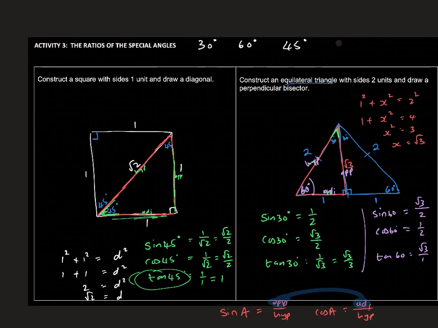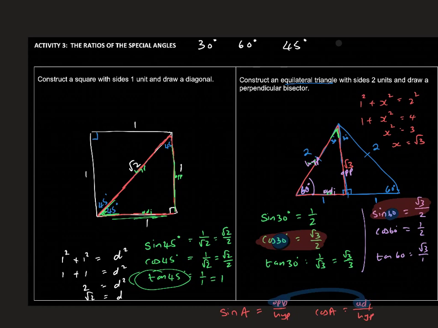So I want to show you something now quickly. Cos of 30 is equal to root 3 over 2. Sine of 60 is equal to root 3 over 2. In other words, 30 degrees plus 60 degrees, what is that equal to? Yeah, it's 90, right?